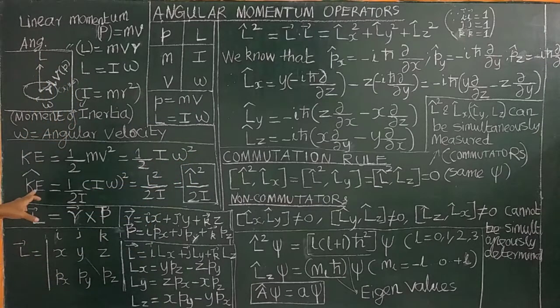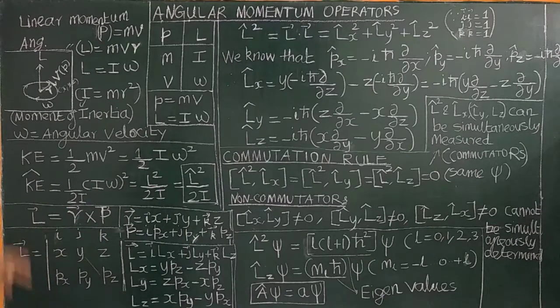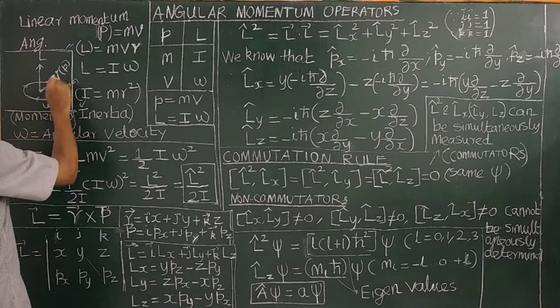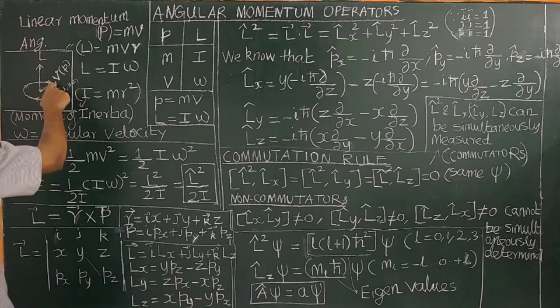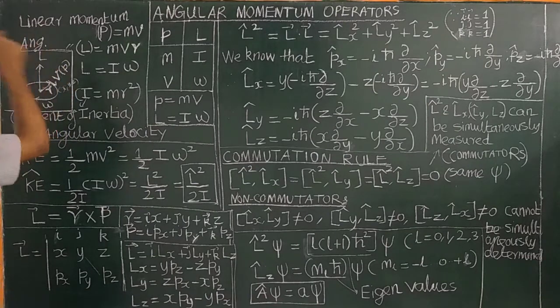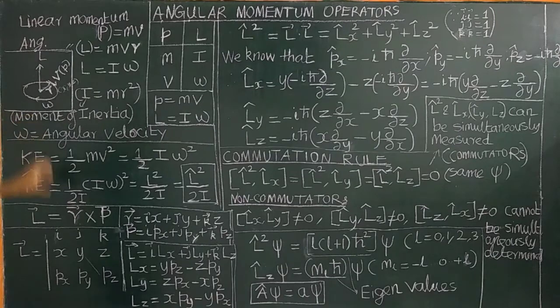Here you see a particle moving in a circle, in rotatory motion. Therefore, this is the radius vector, and this is the velocity vector, that is, the momentum vector.